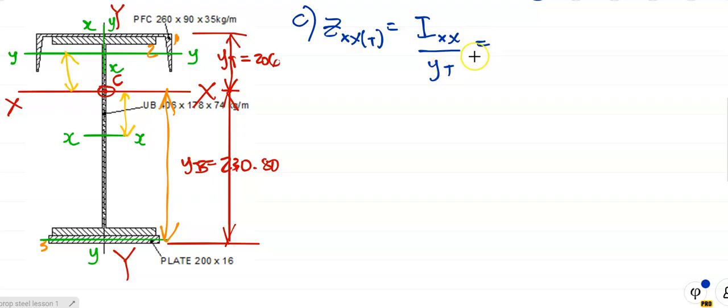Okay, so what IXX is, 5.787 times 10 to the power, what did I get? 8. And what's y top? y top is 206.